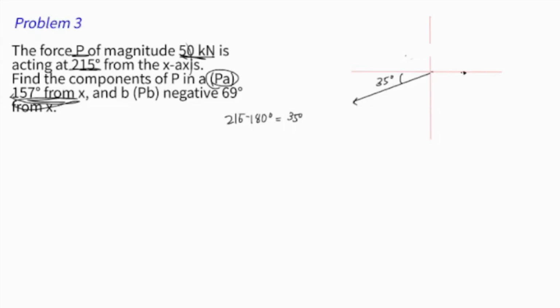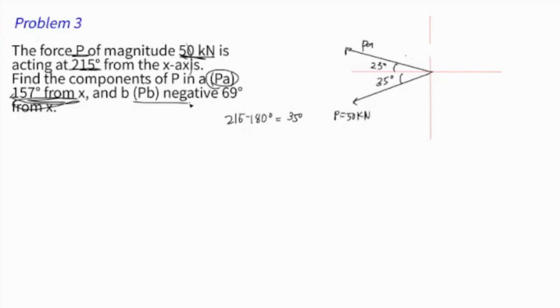So, since this is 90, para makuha natin yung angle, subtract natin 180 minus 157, that's 23 degrees. So, plot natin siya dito. This is 23 degrees. PA. This is P, 50 kN.